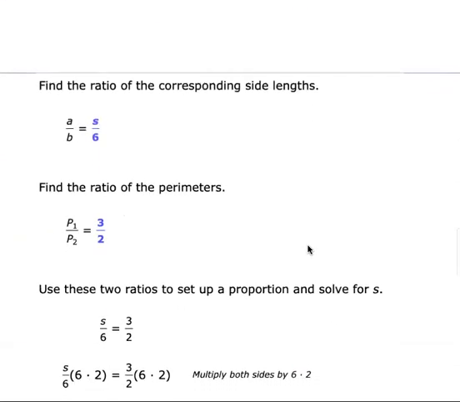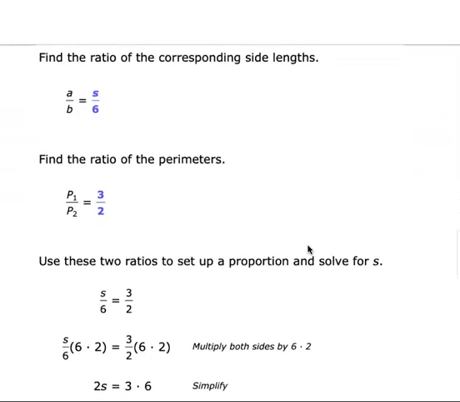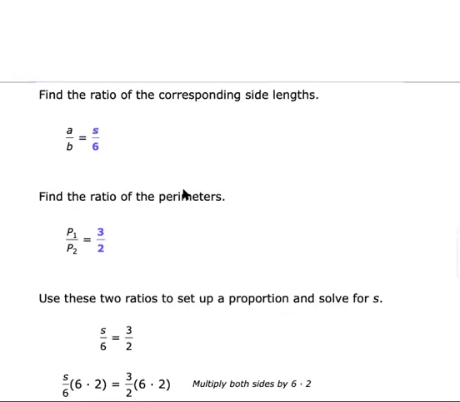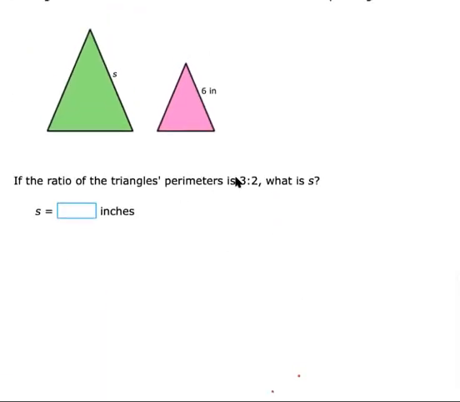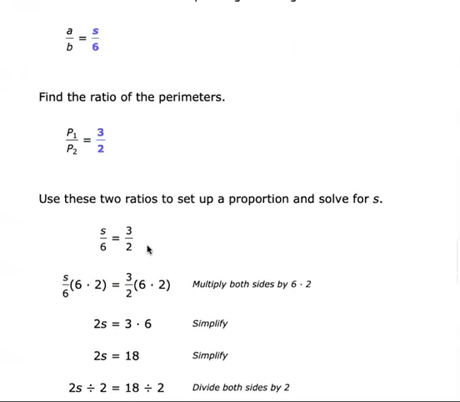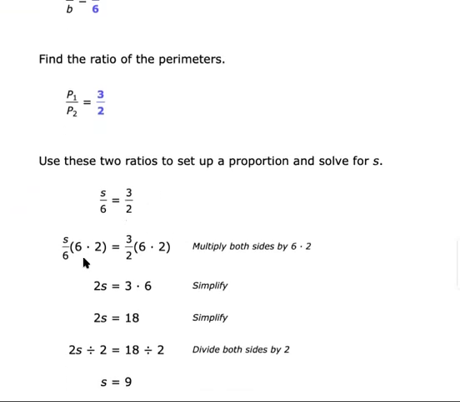We know the perimeter of the first one is 3, and the perimeter of the second one is 2. That's the ratio of the perimeters, because that's what they give us right there. So then we're going to line up S over 6 equal to 3 over 2. And then we're just going to multiply it out.